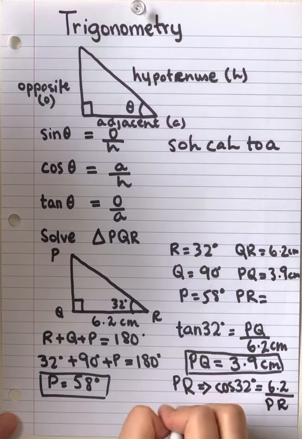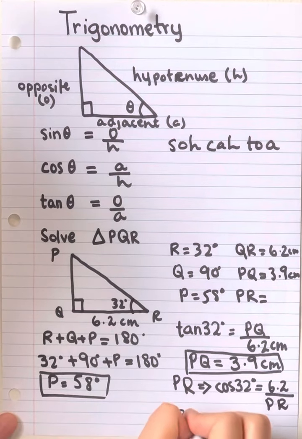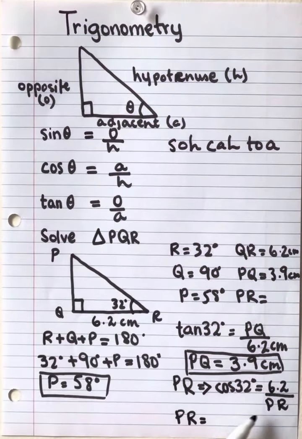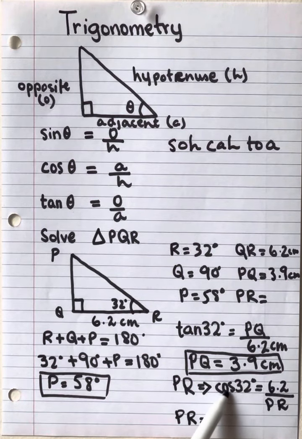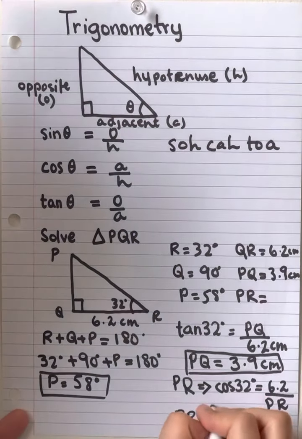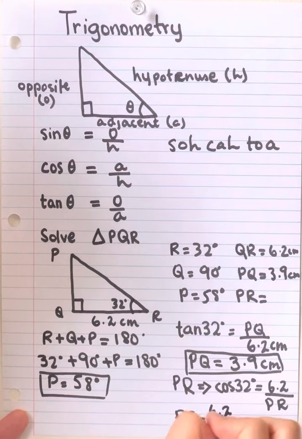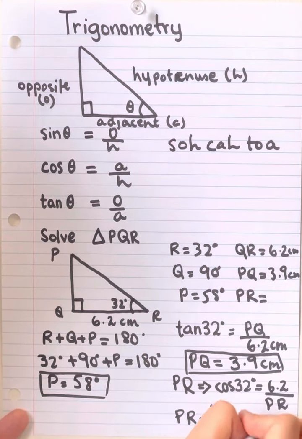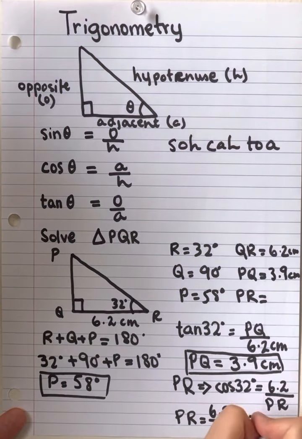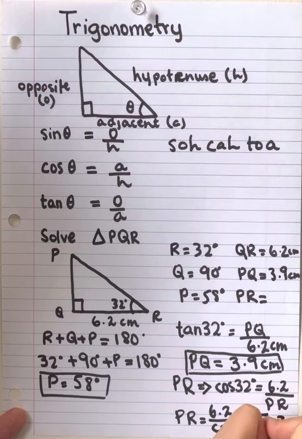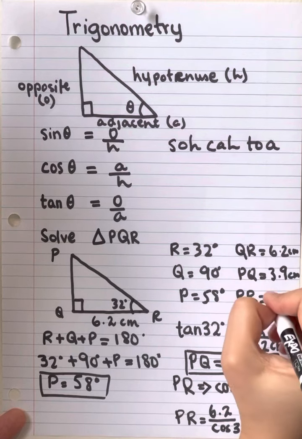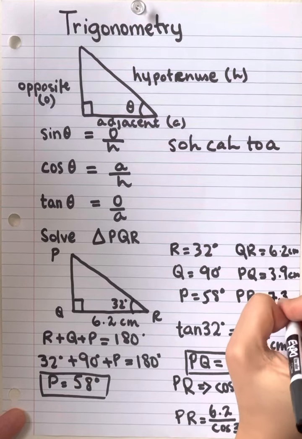Now, to find PR, we multiply both sides by PR and then divide by cosine 32. So what we get is 6.2 divided by cosine 32 degrees is equal to 7.3 centimeters. So here we have 7.3 centimeters.